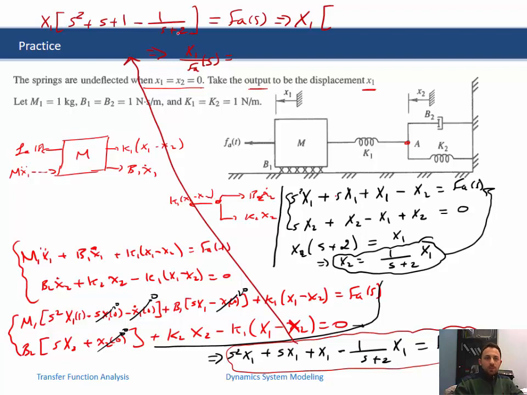Now we will have a common denominator, s plus 2 multiplied by this.